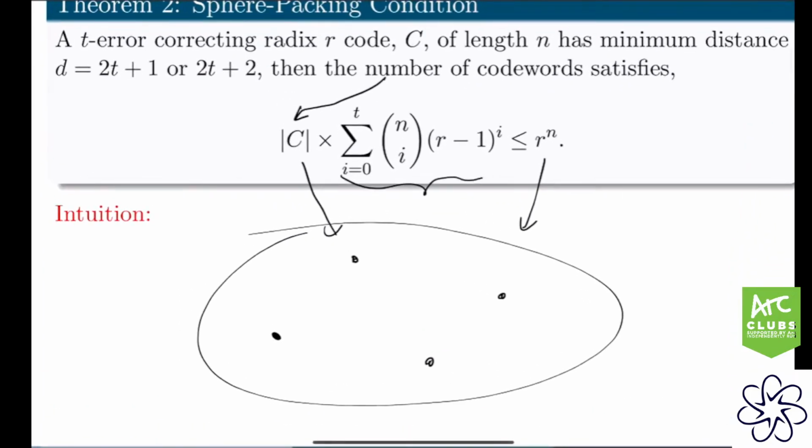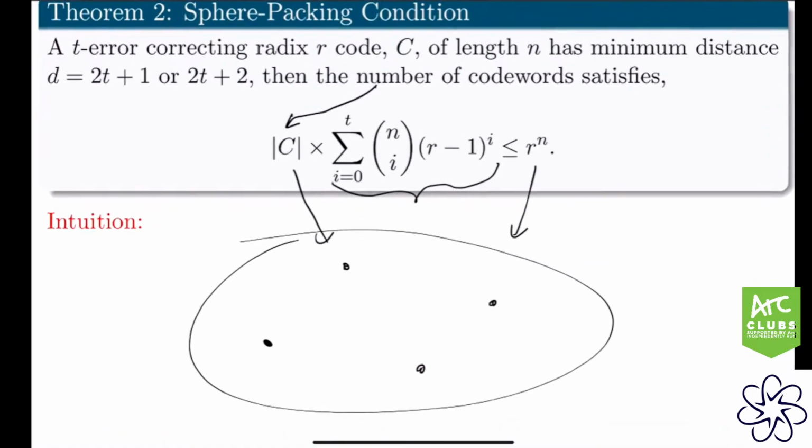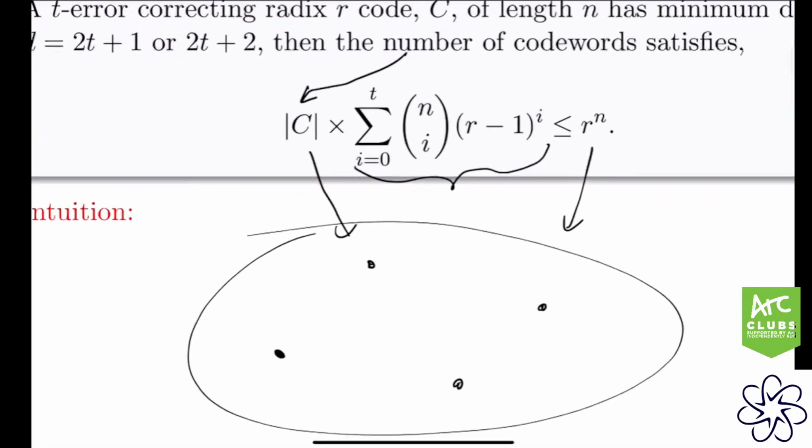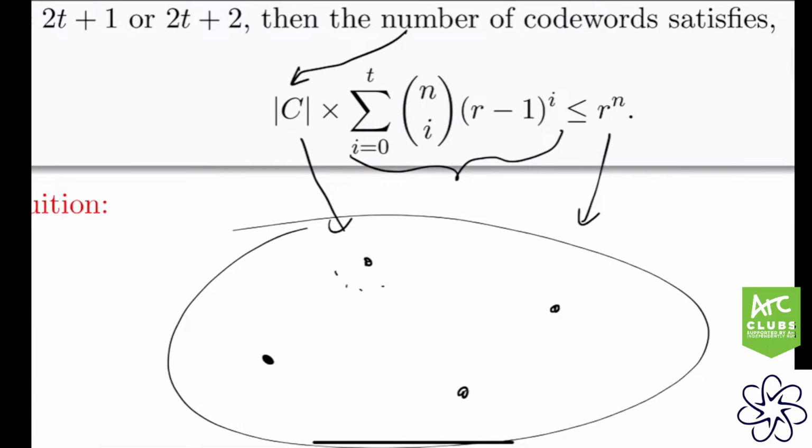But what is this? So a bit of combinatorics here, but this term is going to represent the amount of words that are around these code words, right? So you can think of it as circles around the word.